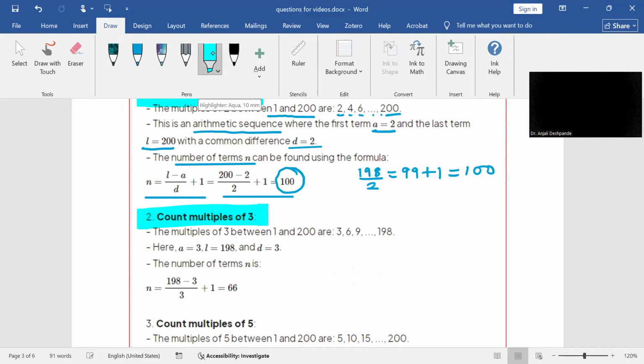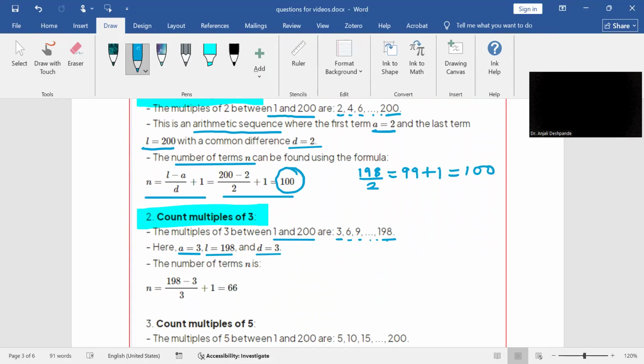Now let us go to the next one, where we count the multiples of 3. Once again, we are looking between 1 and 200, and the numbers are 3, 6, 9 and so on up to 198. Here the first term A is 3, the last term L is 198 and the common difference is 3.